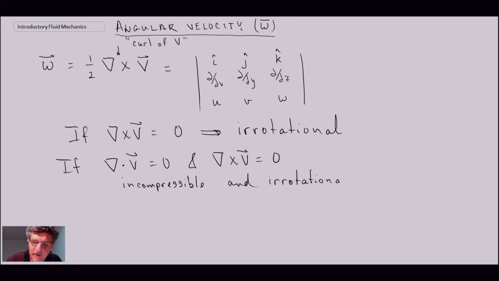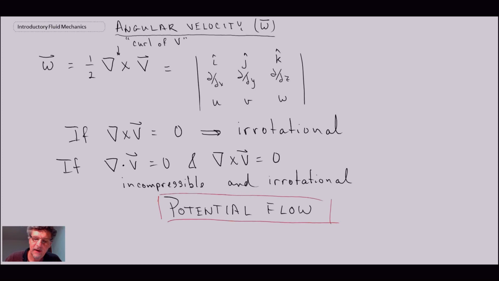And that is a special subset of fluid mechanics that we refer to as potential flow. We will be looking at that later in this course. You can do some interesting things with potential flow, but it only applies if we have these two requirements: del dot V equals 0 and del cross V equals 0.